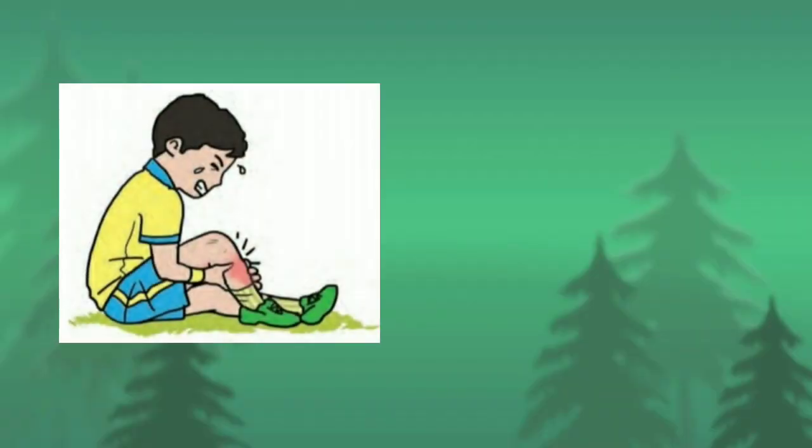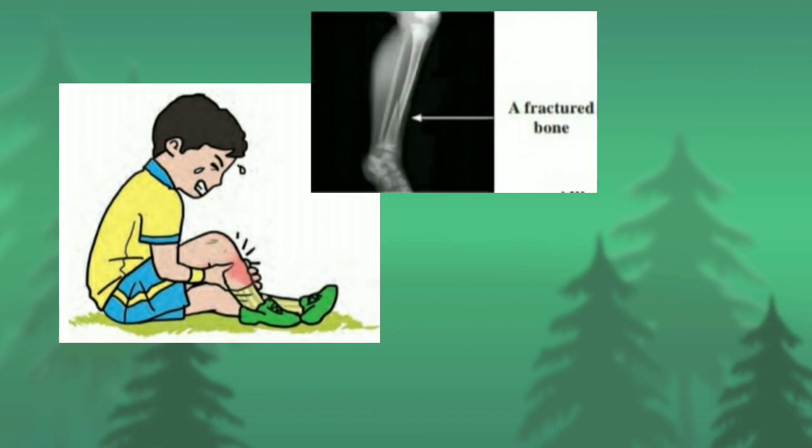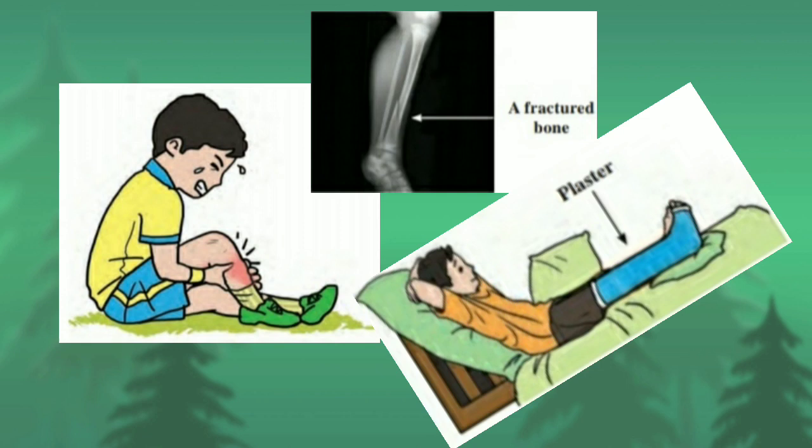Sometimes when we fall while playing or have an accident, a bone in our arm or leg may get broken. This is called a fracture of the bone. A fracture in a bone causes severe and unbearable pain, and the part with the broken bone swells immediately.